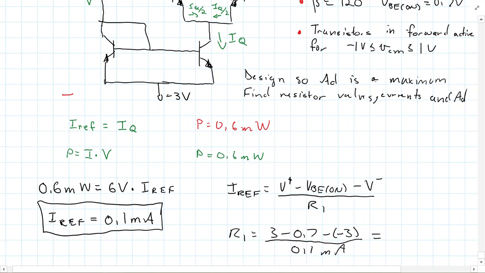So if I do that computation, let me pull my calculator up and do that real quickly. And I get 53 kilo ohms for R1. And so we've got one of my resistor values now.